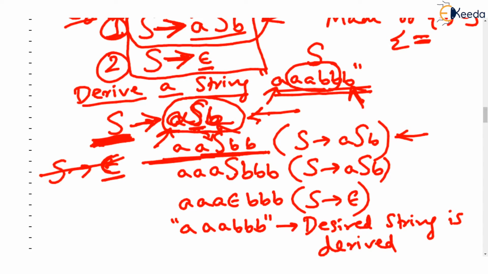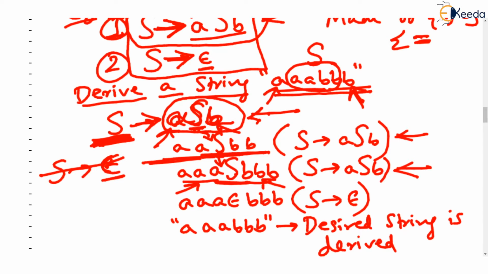But we still want one more A and B. No problem. This S in the middle can still derive ASB. So now we have triple A, S, triple B. Again we used the same production, S derives ASB.